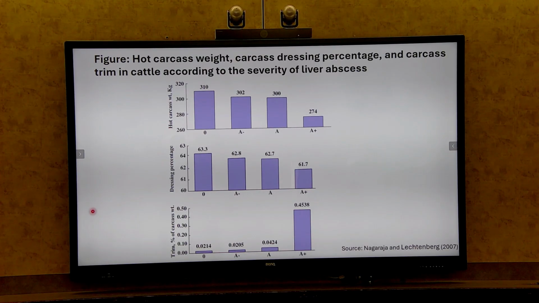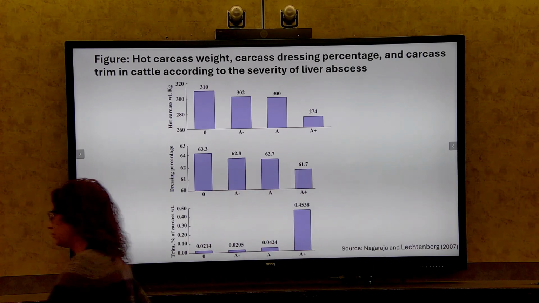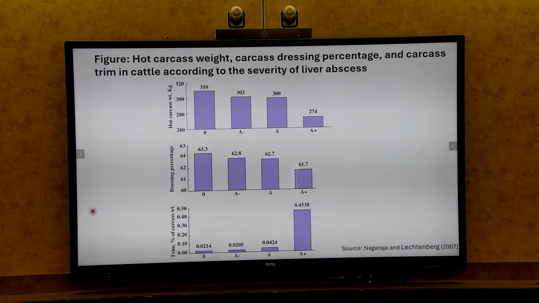This figure shows the effect of liver abscess and the severity on carcass weight, dressing percentage, and carcass trim. So obviously the thing that's most clear here is that there is an effect, and that effect is most severe when we have A+ livers.